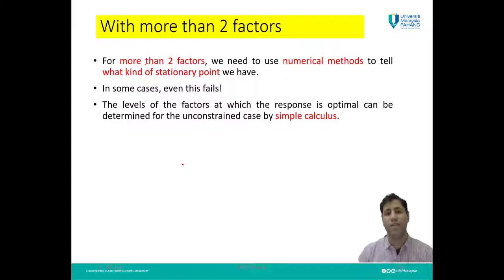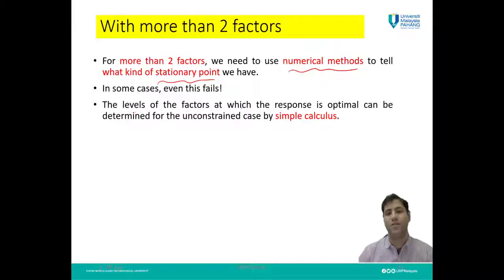If we have more than two factors, we need to use numerical methods instead of the graphical method to find these stationary points, or the maximum or minimum points. Sometimes this numerical method is also not enough to find that optimum point, but usually we need to use it.